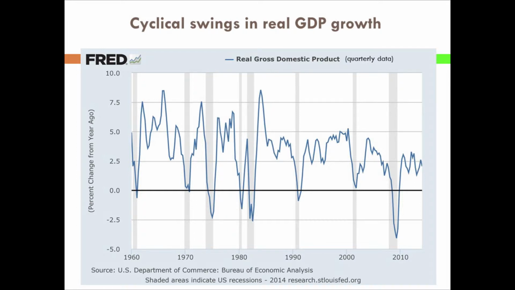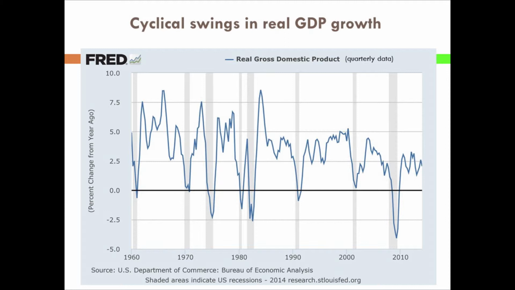So for each quarterly measurement of GDP, how different is it from not the previous quarter, but 4 quarters ago? That smooths it a bit compared to quarter by quarter. And you can see the swings going from -2.5%, a really severe recession, to 7.5% growth. That's a really brisk recovery.